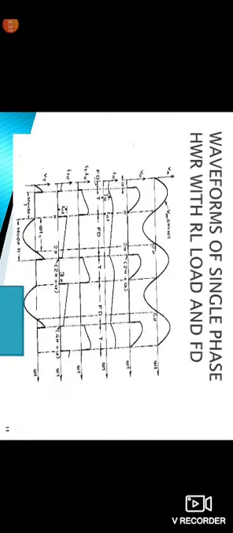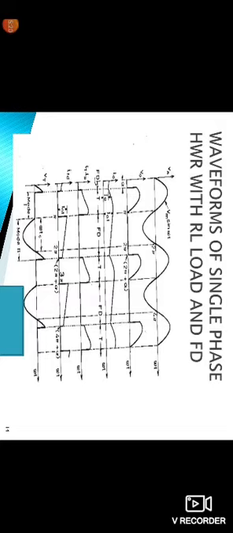Here are the waveforms. In the first waveform, clearly, the input waveform is the sine wave Vm sin omega t. On the output side, alpha is applied, it reaches up to pi, then from pi to 2 pi there is no output, then at 2 pi plus alpha, and next 4 pi plus alpha.